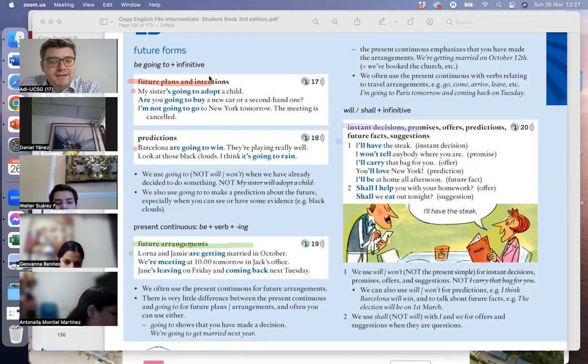So I made a plan, this is my decision. If I want to emphasize that I already made the arrangements, meaning I booked my tickets, I booked my hotel, and so on, in those cases it would be much more suitable to use present continuous.